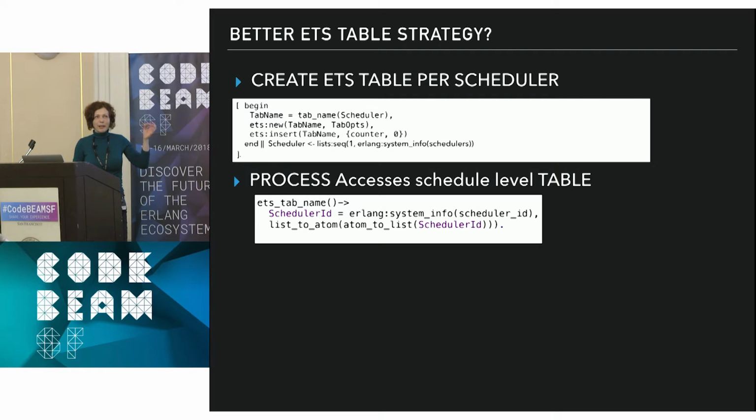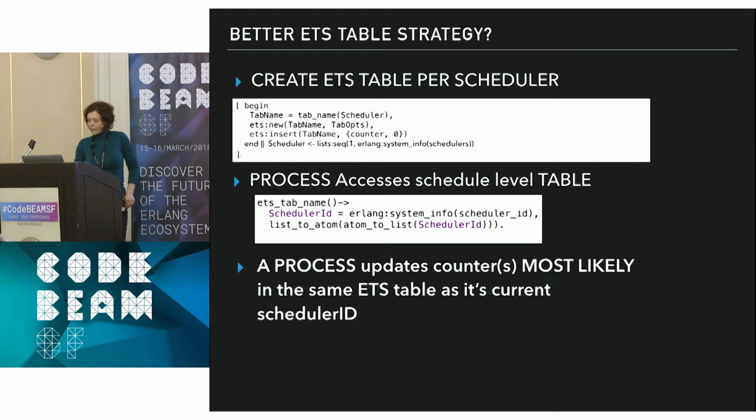It's not a real binding of a table to a scheduler. It's just a mathematical trick. But technically, we are minimizing the contention on a table, because it will be a table that belongs to a specific CPU. And that's the strategy that Xaptum, a very popular metrics library, is using.